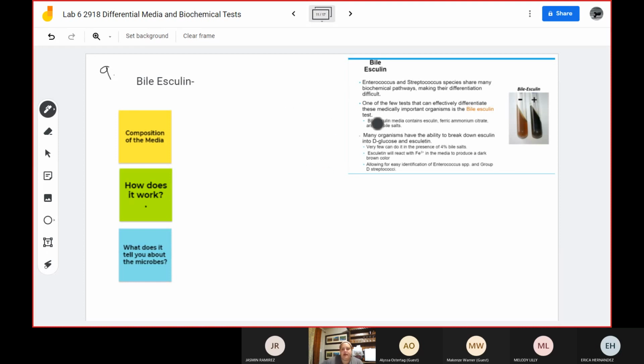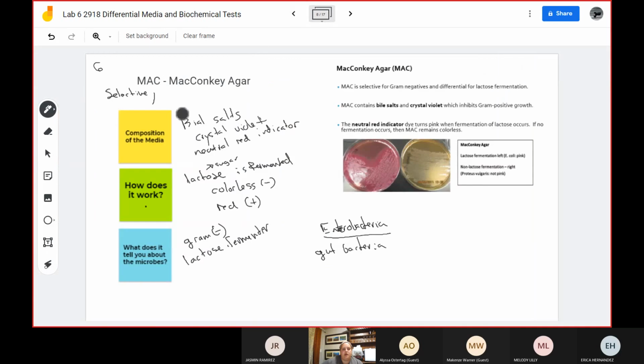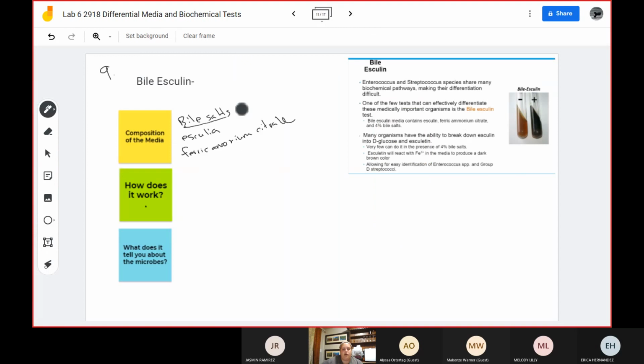So bile esculin contains esculin, bile salts, and ferric ammonium citrate. Bile salts, as you remember from our MacConkey agar, I believe, bile salts and crystal violet in MacConkey agar inhibit gram-positive growth.